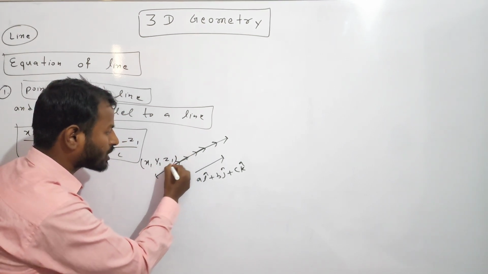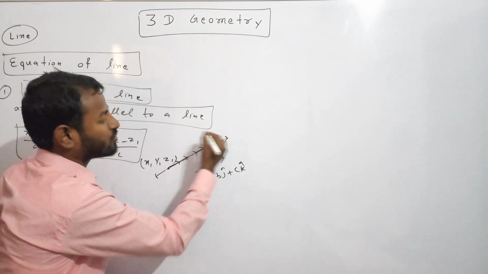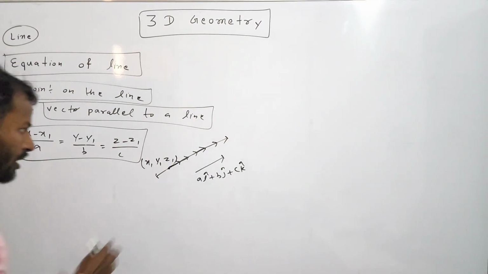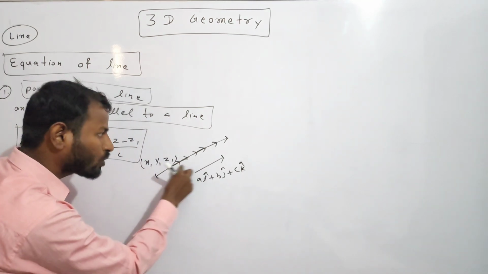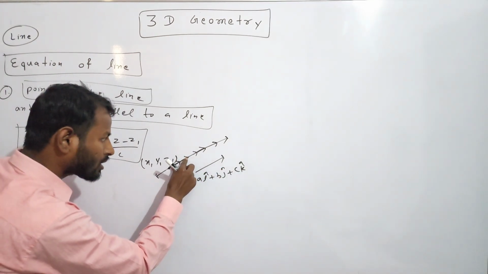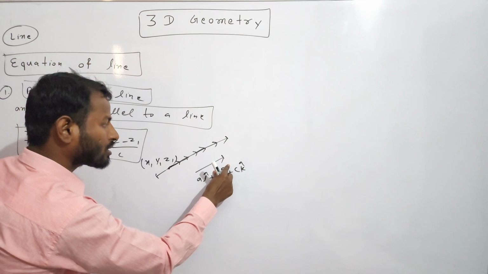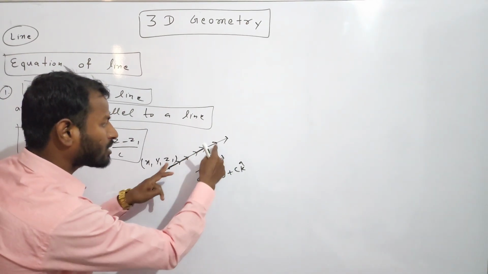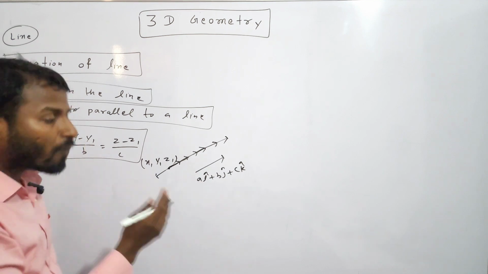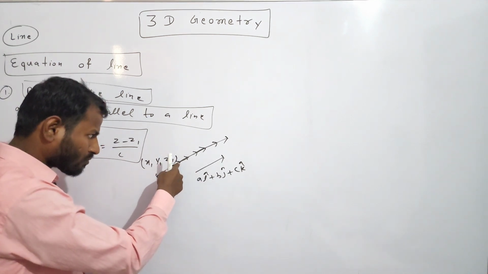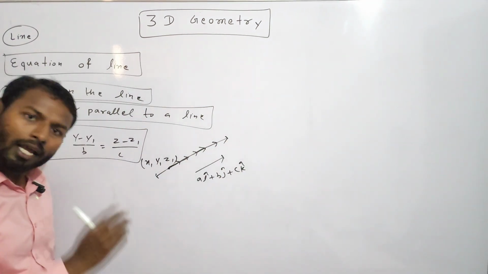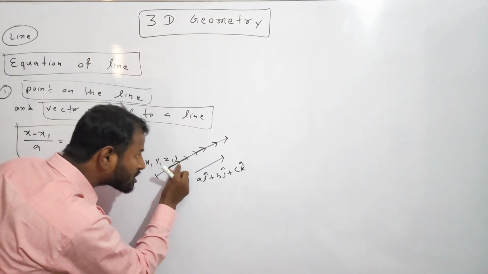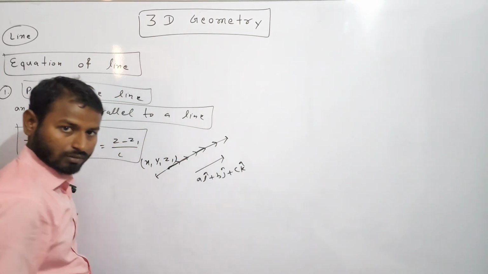If you see very closely, each of these vectors is parallel to this given vector. If the point moves in any manner, the vector we create is always parallel to this vector.